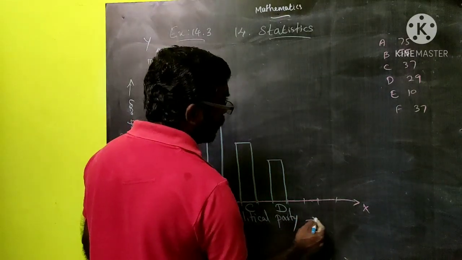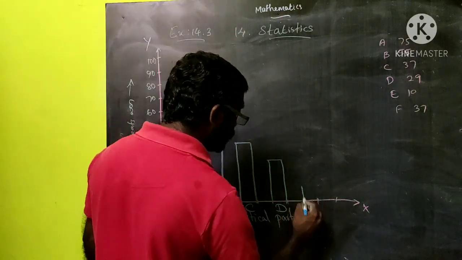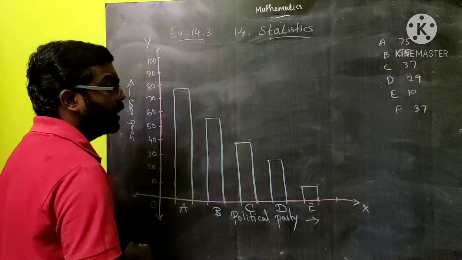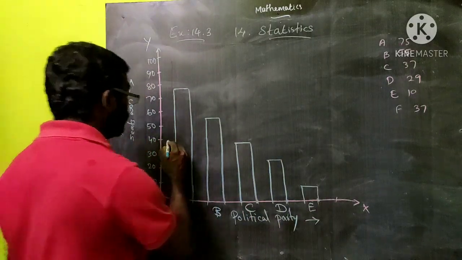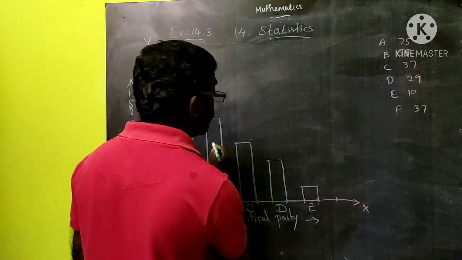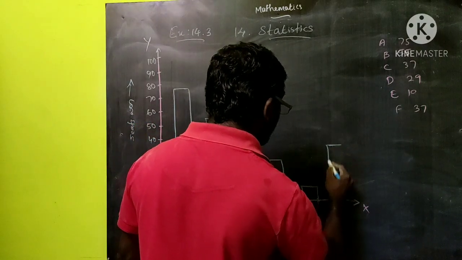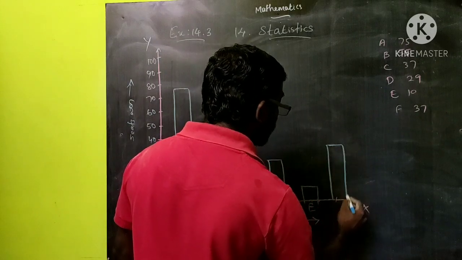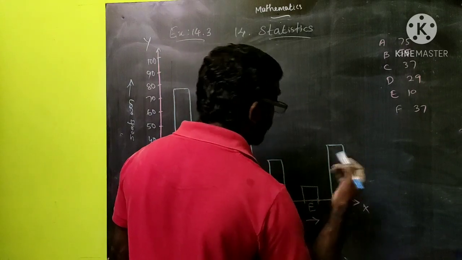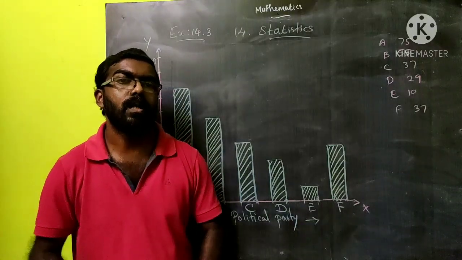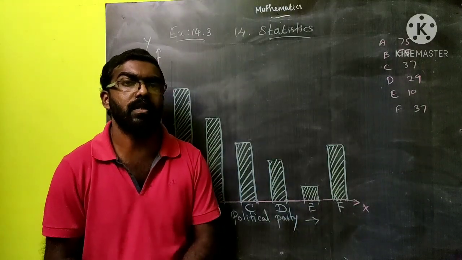Then E 10. Here it is E. And F 37. Okay, this is F. So this is the bar graph corresponding to the given table of information.